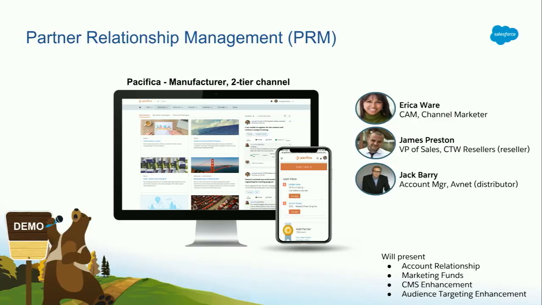But before I jump into it, let me just explain the personas that I'll be using. This is Pacifica, a fictitious company that we always use to demo. Erika is our channel manager, administrator, marketer, whatever you want to call it, but she works for Pacifica. And she has a huge network of partners, among them James Preston, who's the reseller, and Jack Berry, who's the distributor.